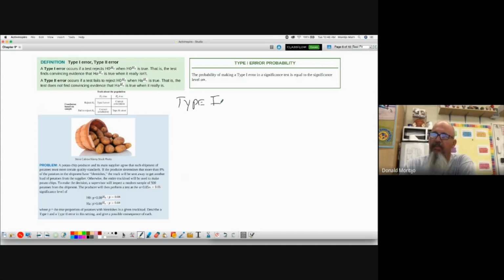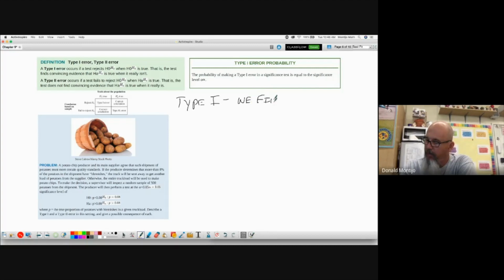So in this case, let's say a type 1 error is we reject the null. So we're saying that there is more than 8%.